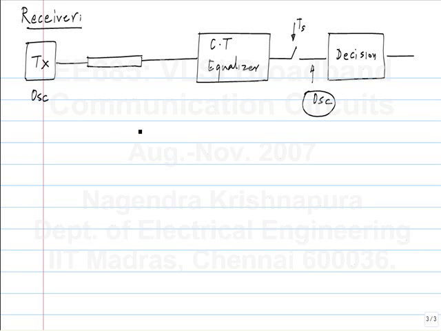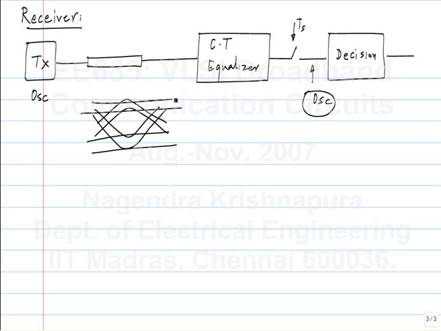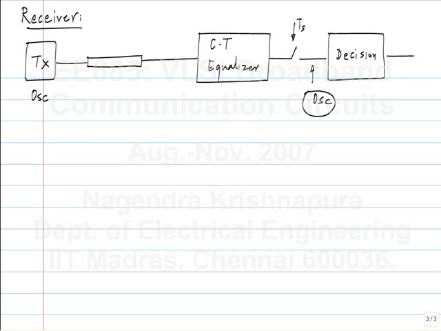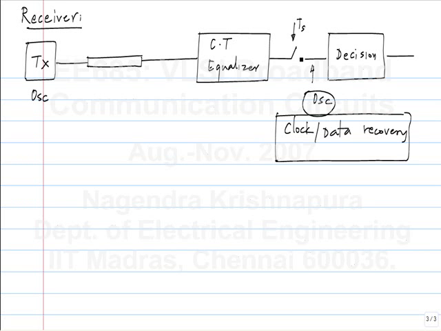Meaning, let's say you have an eye diagram like this. You are familiar with this because in the assignment, the output of the equalizer looks something like this. Now it's not just enough to have this, you need to sample here. If you sample here, clearly the signal is almost 0. So this is one possibility, and I'll just say clock and data recovery block which generates the control for sampling.